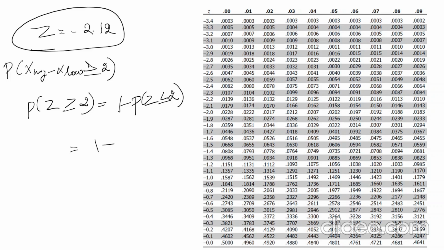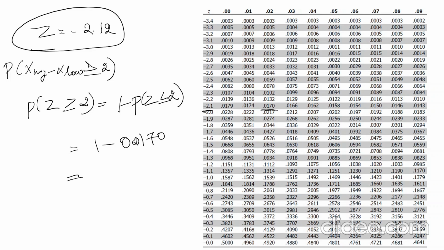For minus 2.12, we look in the table: it is 0.017.